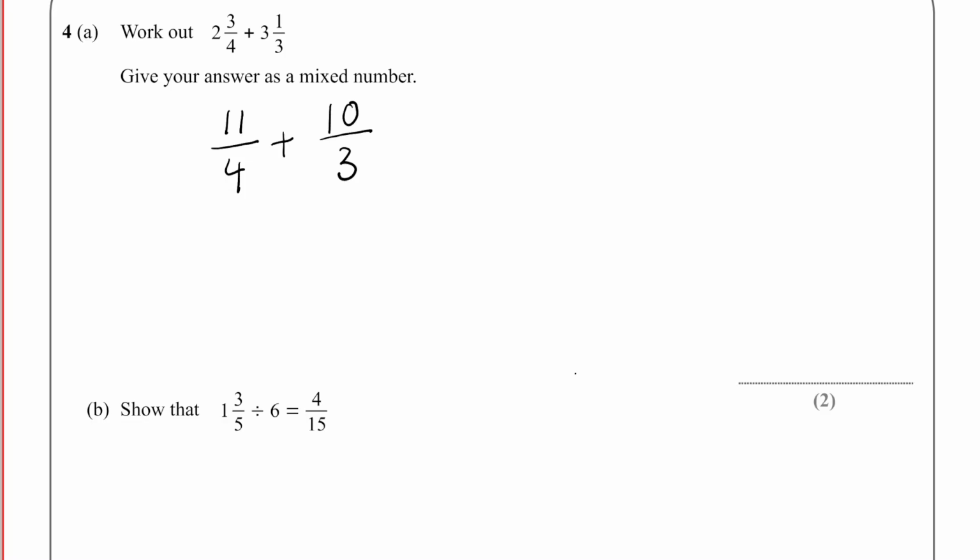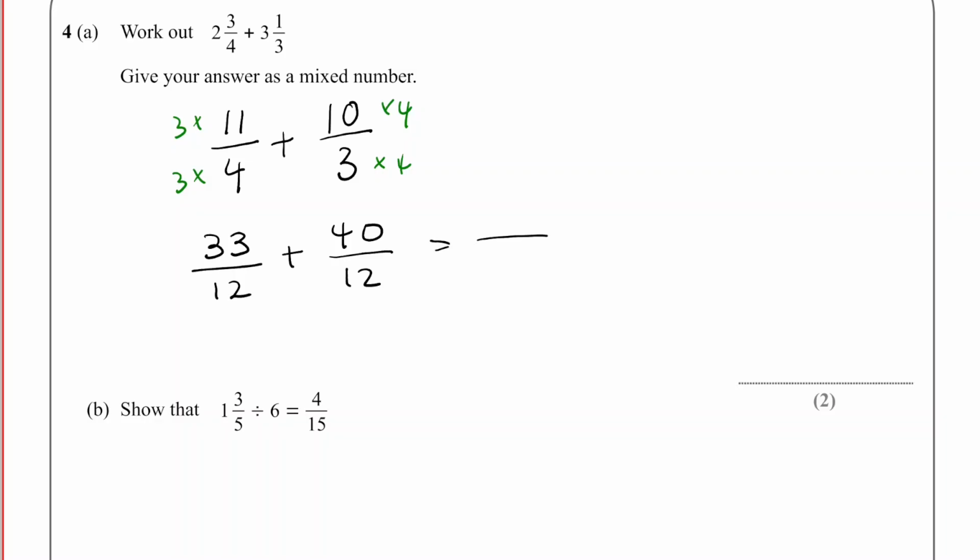We need the bottom numbers, the denominators, to be the same in order to add the fractions. So I'm going to times the second one by 4, the first one by 3, and that will make both the denominators 12. That's 33/12 plus 40/12.